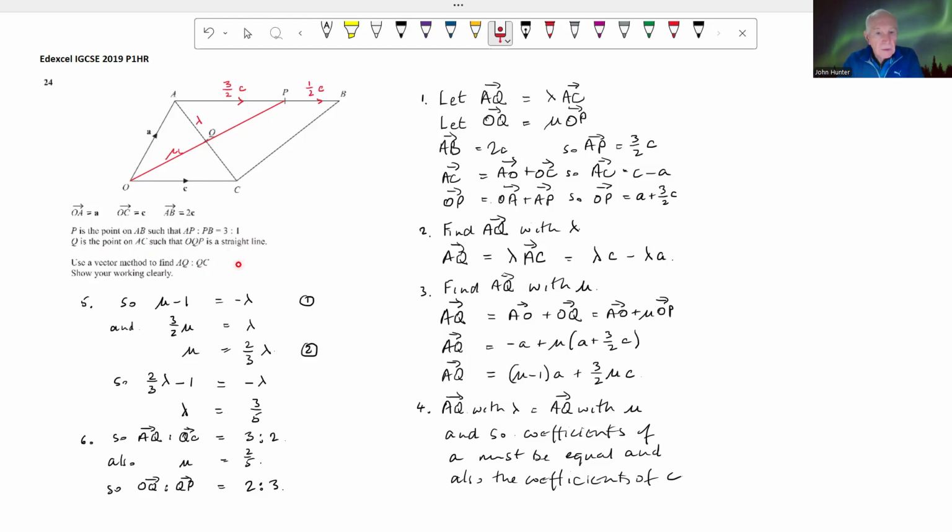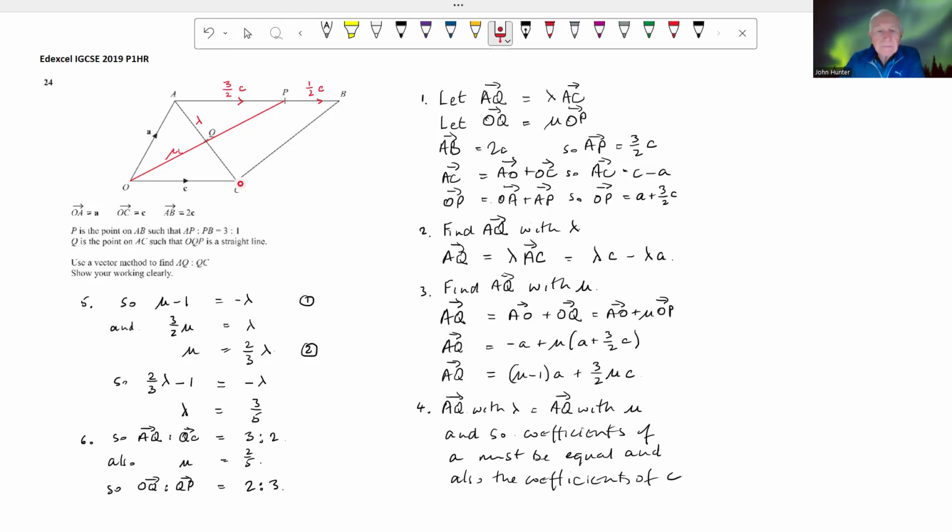Right, okay, so it's a very nicely, simply stated problem, which belies its trickiness. What we're interested in is this point here, which lies at the intersection of two lines, and we don't know either of these ratios. We don't know how far along OP Q is, and we don't know how far along AC it is.